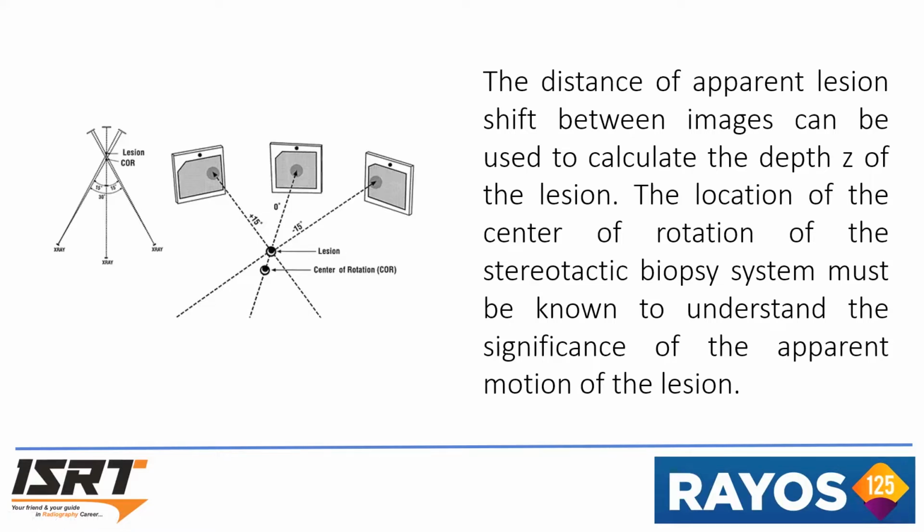The location of the center of rotation of the stereotactic biopsy system must be known to understand the significance of the apparent motion in the lesion. In this image, we can see a reference image or scout image and 2 stereo images which are taken at plus 15 degree and minus 15 degree, and we can see the lesion shift in the stereo images.